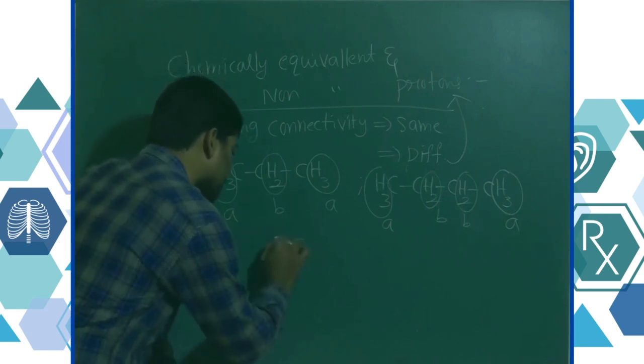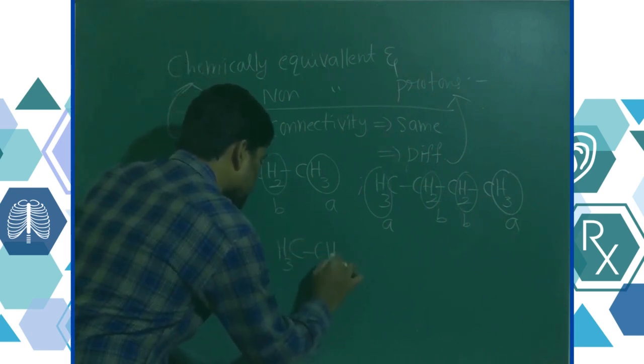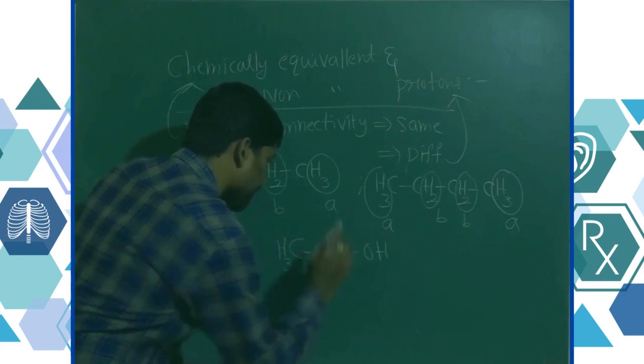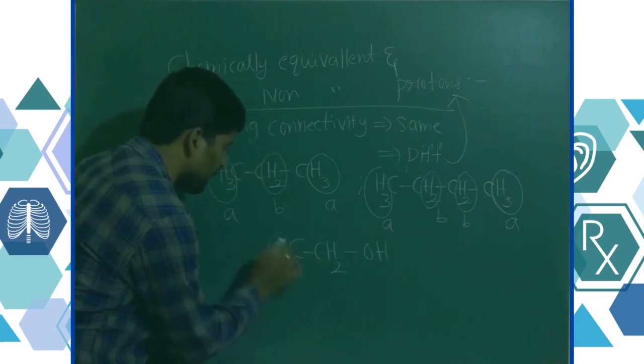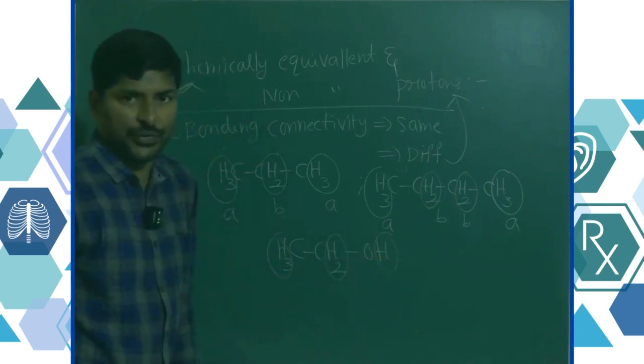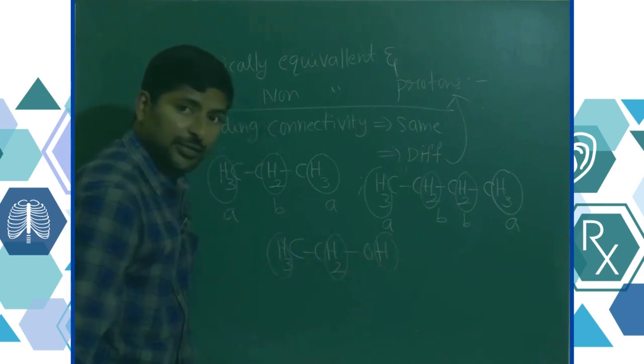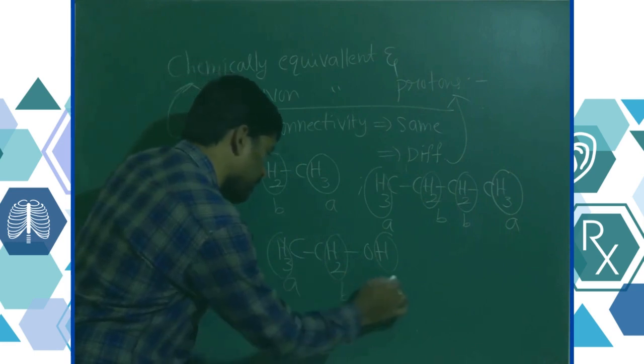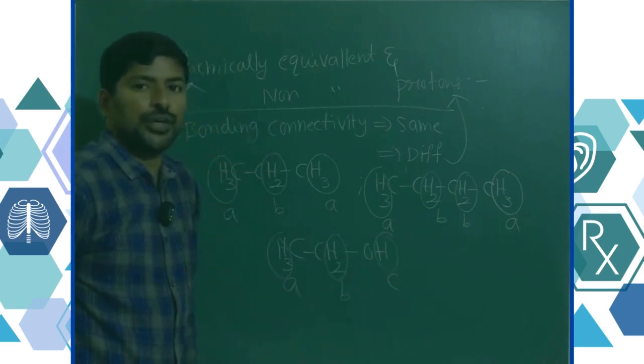For example, if you take ethyl alcohol, CH3, CH2, OH. Here how many types of protons are there? The bonding connectivity of all these three protons is different. So we have A type of proton, B type of proton, and C type of proton.